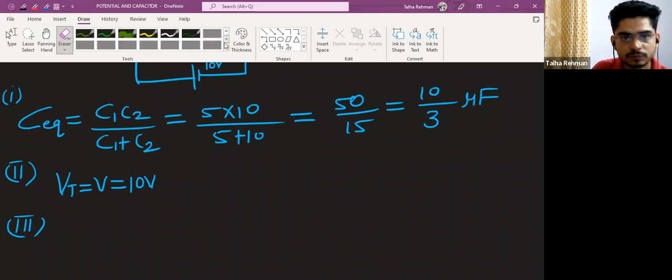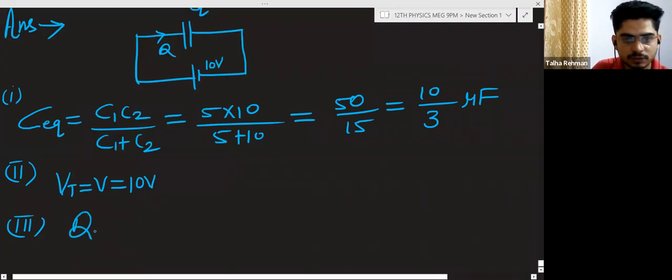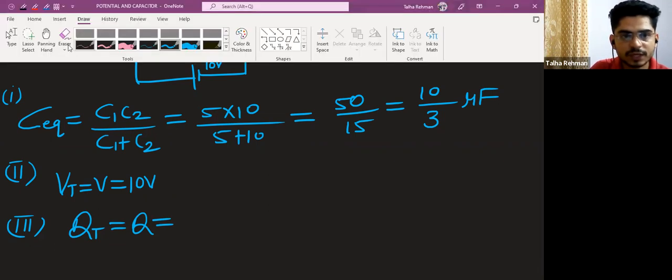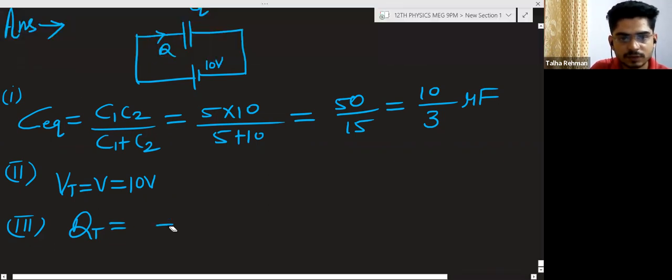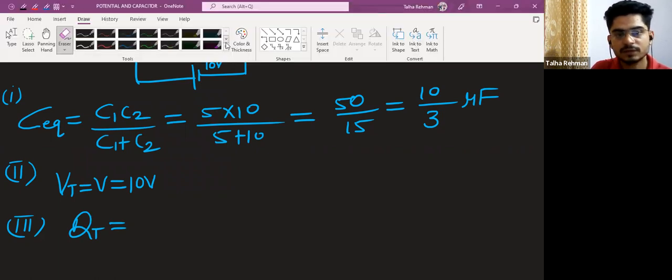Okay. Total charge is equal to Q. Charge is same everywhere, so total charge is equal to total capacitance into equivalent total voltage.